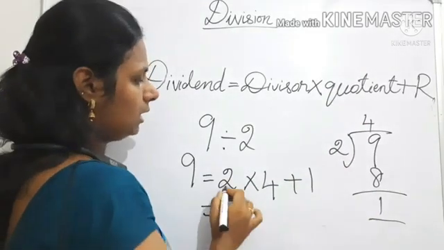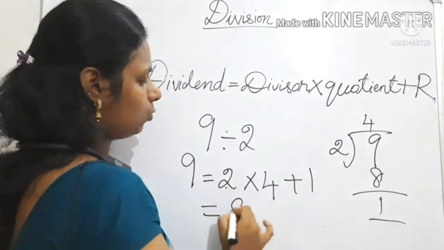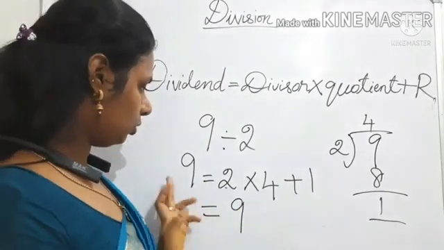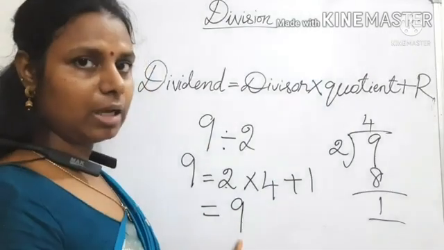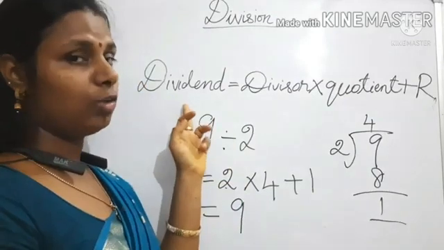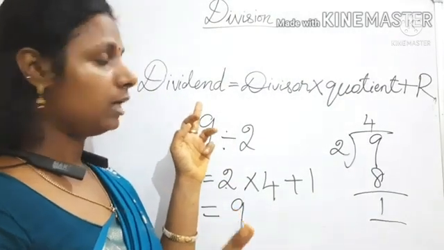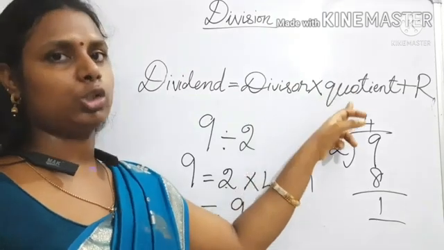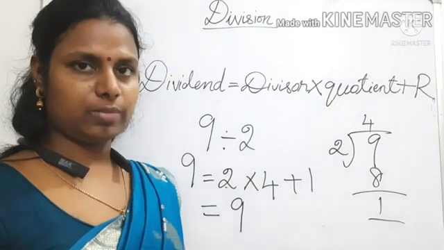So what was the answer? 2 fours are 8, 8 plus 1 is 9. So now the dividend and the answer we solved and got are both the same. So the formula to recheck your answer is dividend is equal to divisor multiplied by quotient plus remainder.